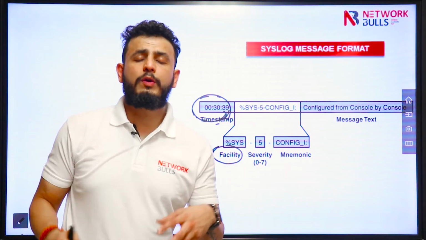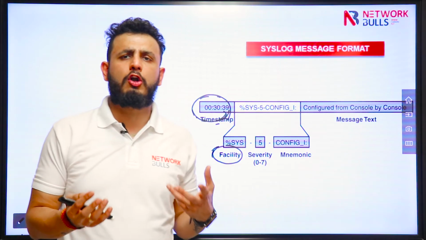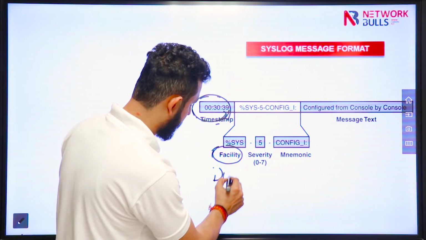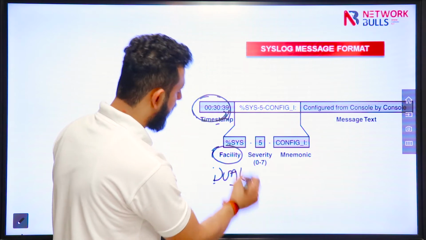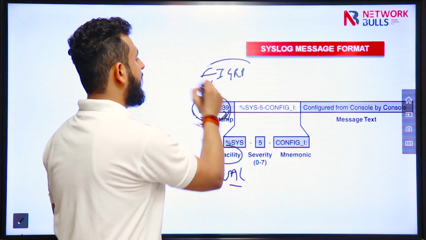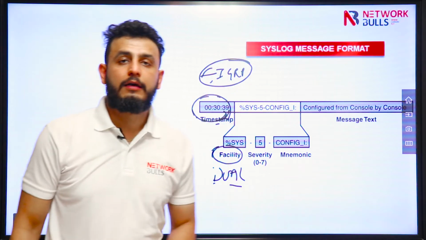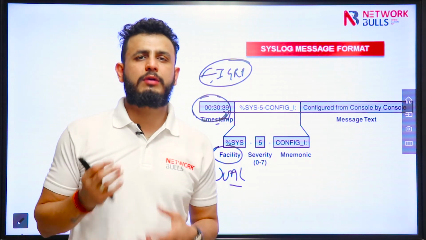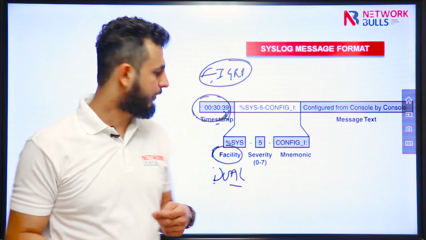Facility means to which particular module that log belongs. For example, if the facility is DUAL, it means the log belongs to the protocol EIGRP. For example, if the facility is LINK, it means the log belongs to the interface. So something like that. As you keep on practicing, you will get familiar.